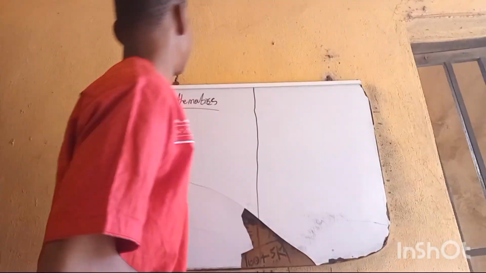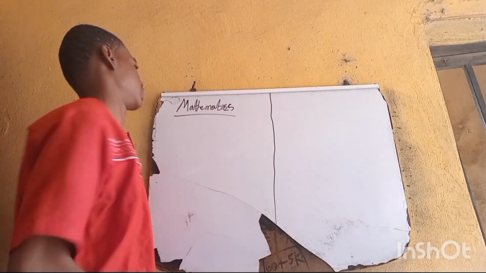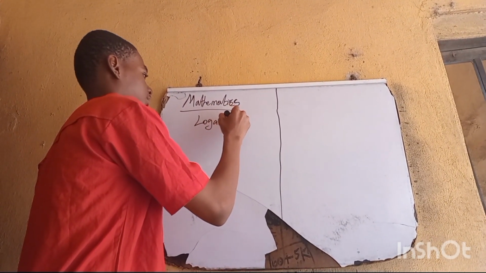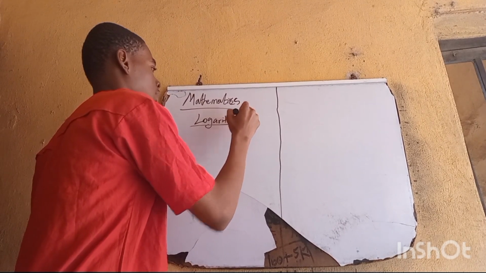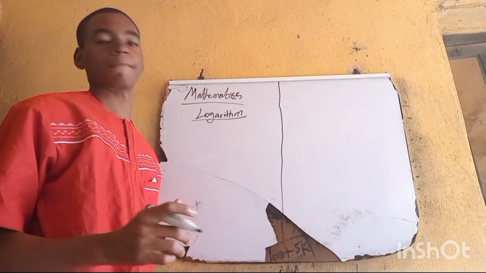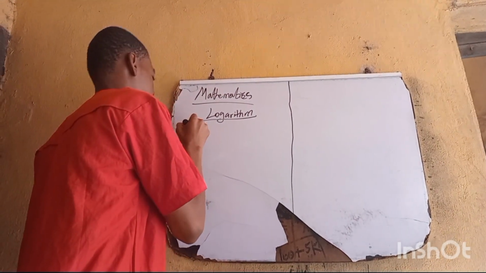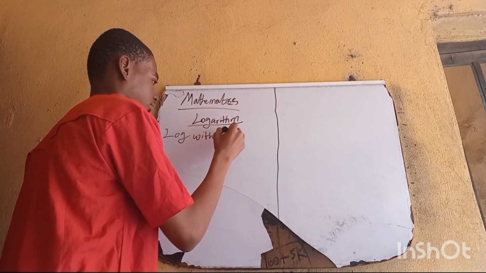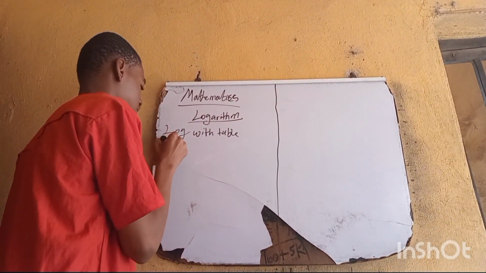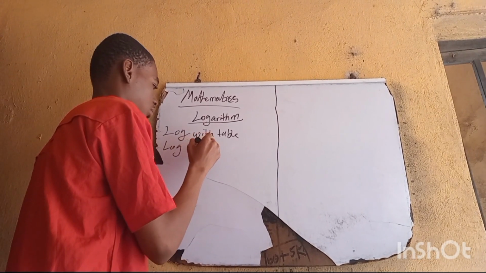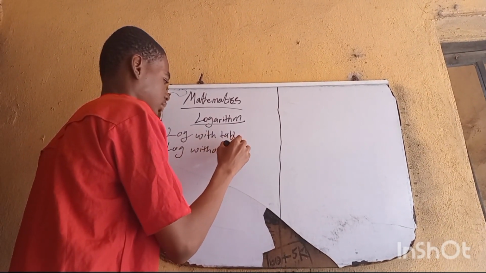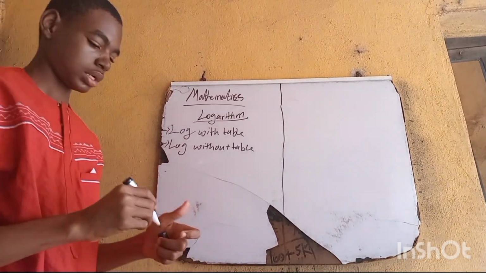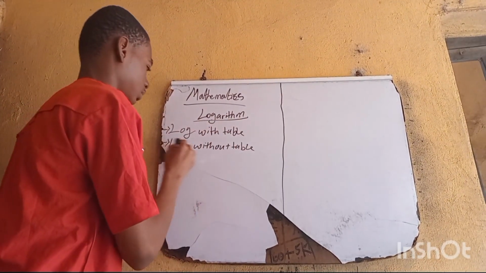Today I'm going to be teaching you guys logarithm under the subject mathematics. Now we have two types of logarithm. We have the logarithm with table, and we have the logarithm without table.